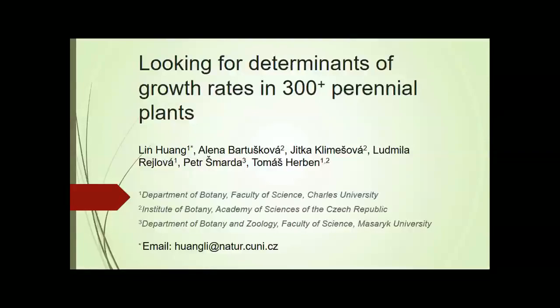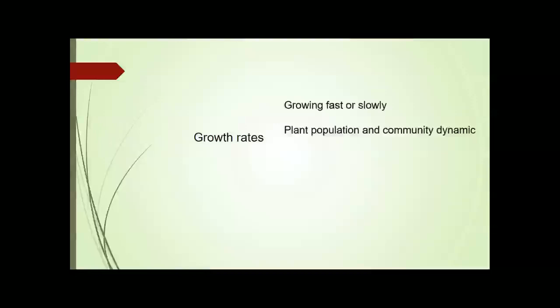Okay, thank you. So today my topic is about trying to dig out what could be the determinants for growth rates. Growth rates, as we all know, show whether the plant will grow fast or slowly. Then it will affect the plant population and the community dynamics. And so it's very necessary to find what is behind the growth rate.